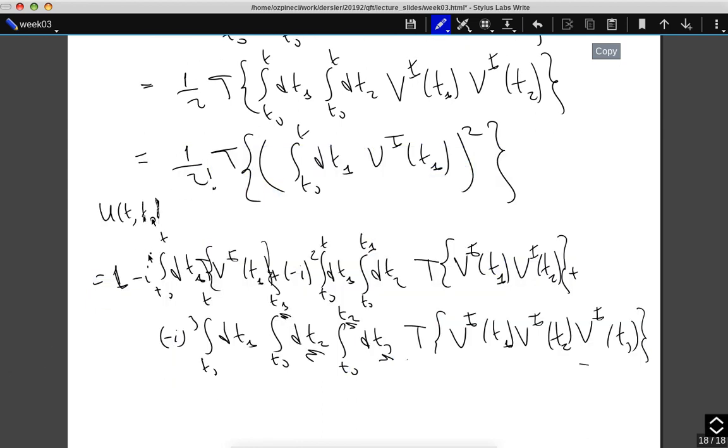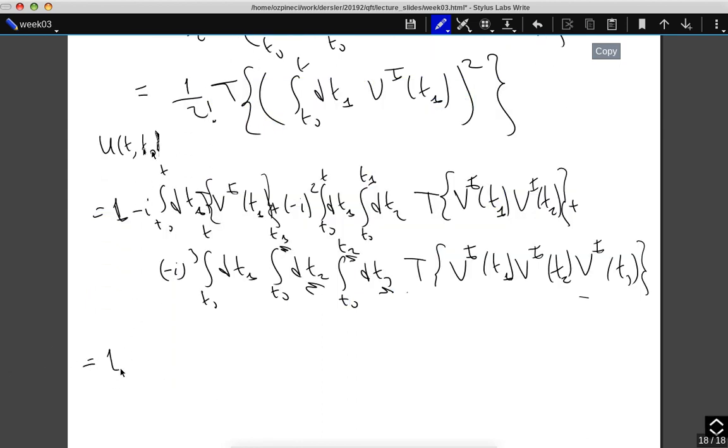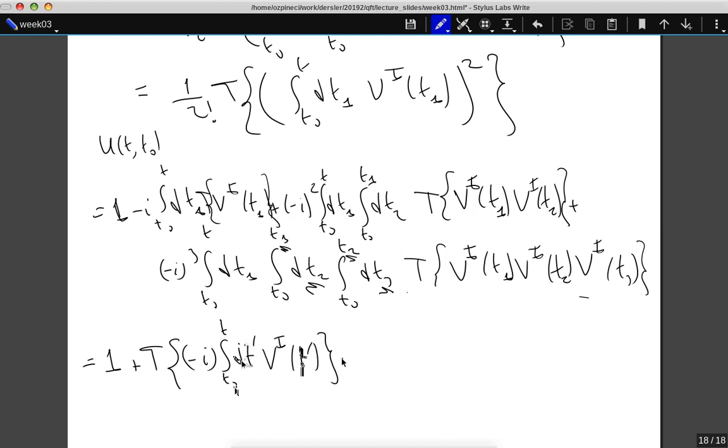This is U of t, t0. This is equal to 1 plus time ordered product of minus i integral from t0 to t dt' V_I of t', plus time ordered product of (minus i) squared over 2 factorial.